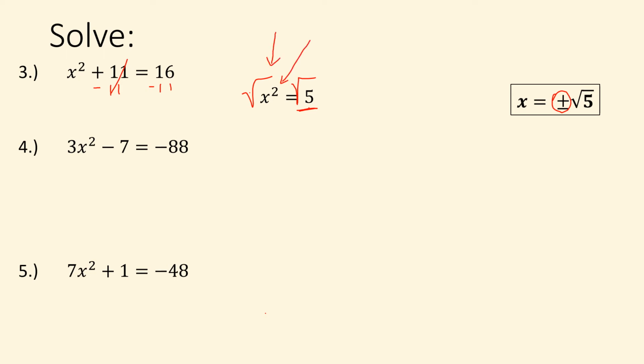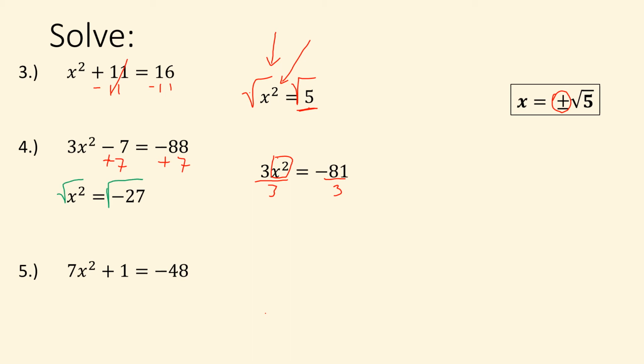All right, number 4, same idea, add 7, add 7. 3x squared equals negative 81. In all of these, our first step is to get the x squared by itself. So x squared equals negative 27. Now we're square rooting, since the x squared is by itself.